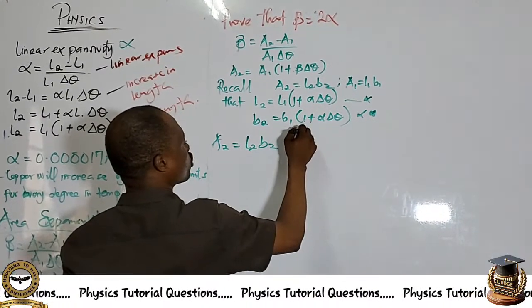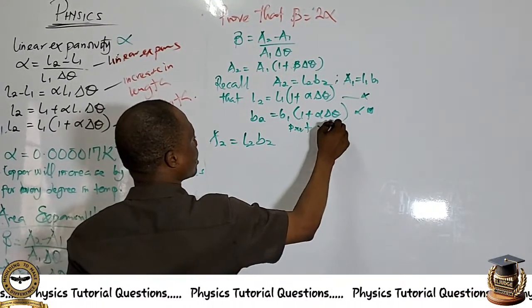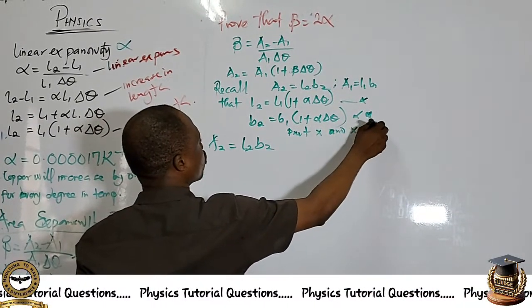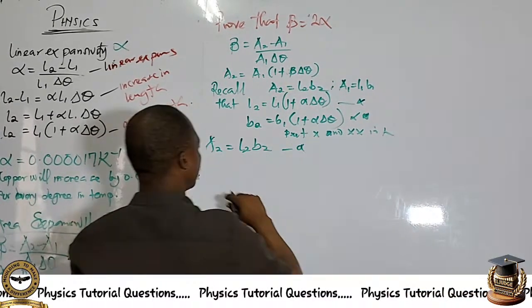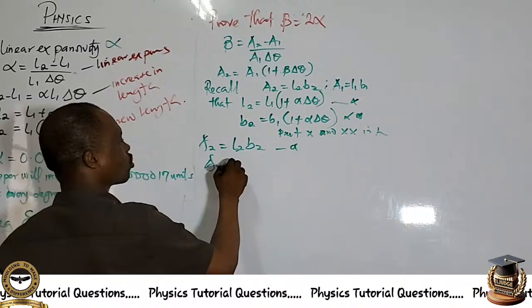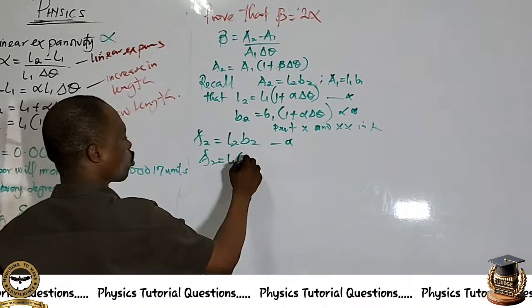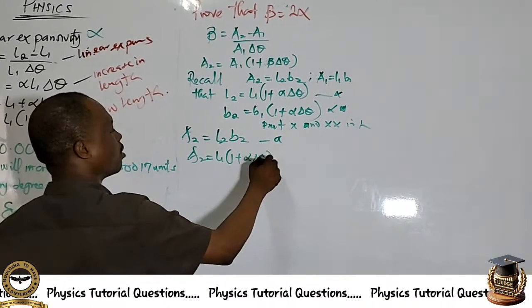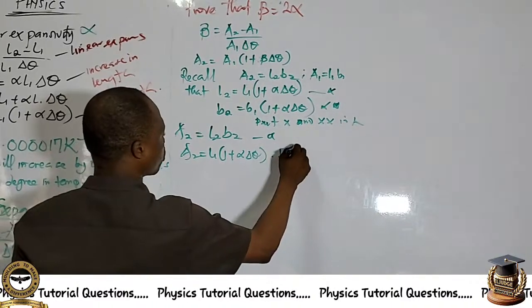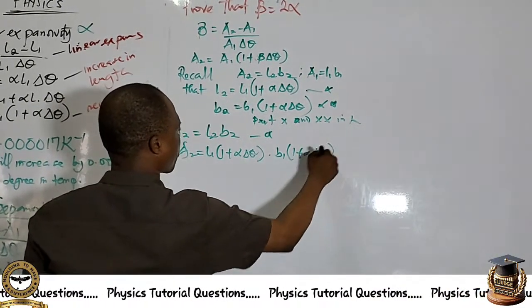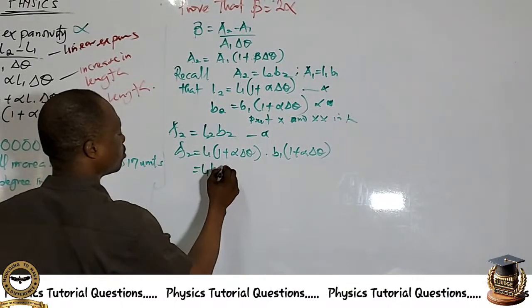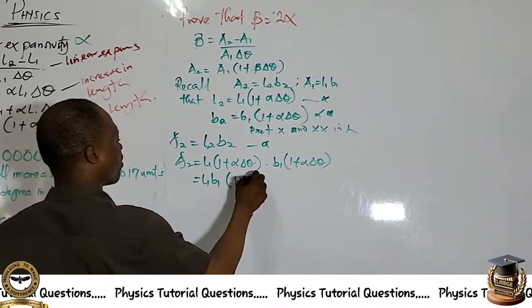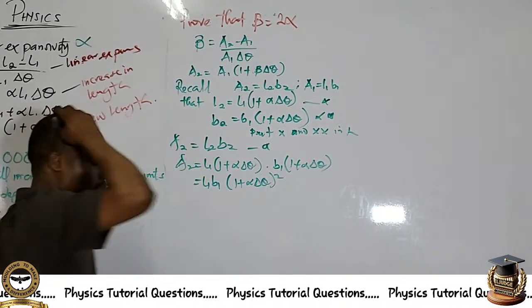Bring these two, put star and star into this, into A. Then we have A2 equals L2 L1 into 1 plus alpha delta theta times B1 into 1 plus alpha delta theta. Now multiply, open the bracket, we have L1 B1 into 1 plus alpha delta theta all squared.